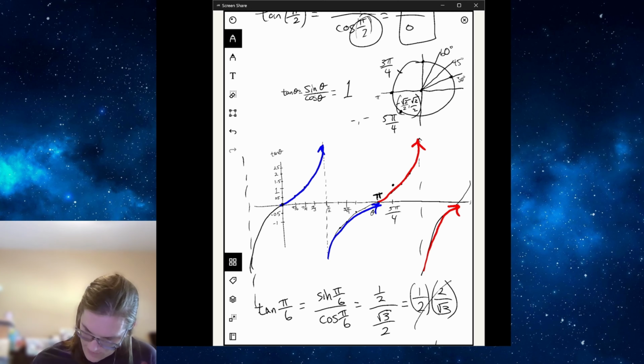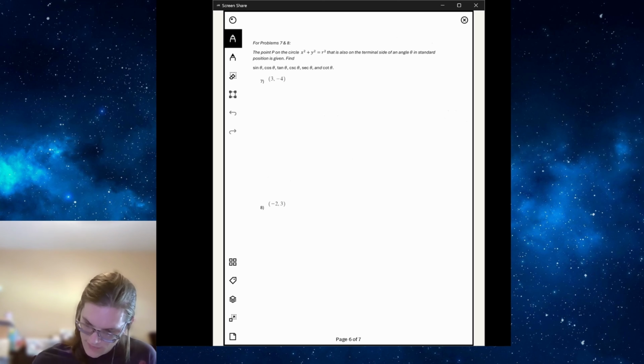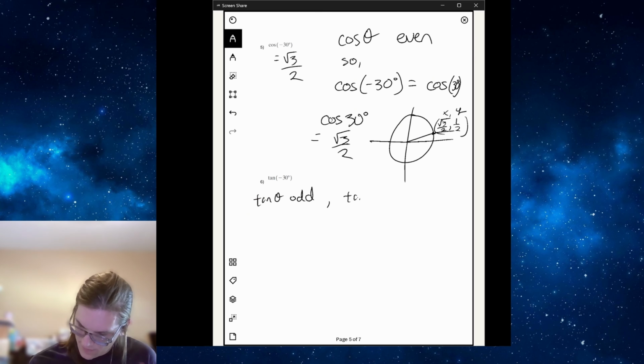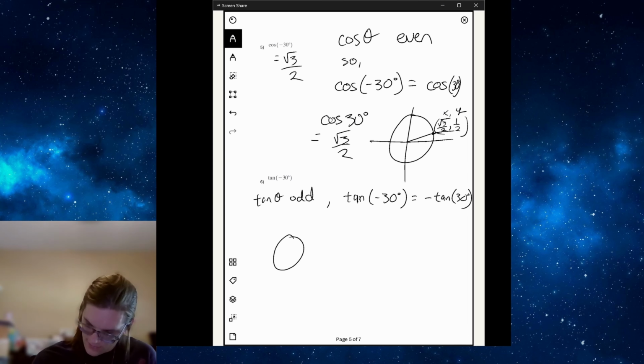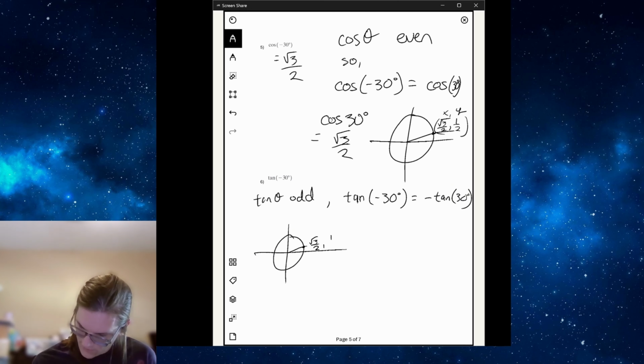That is helpful information, since tangent is odd, that means tangent of negative 30 equals the negative of tangent of 30. At 30 degrees, we have root 3 over 2 and 1/2.